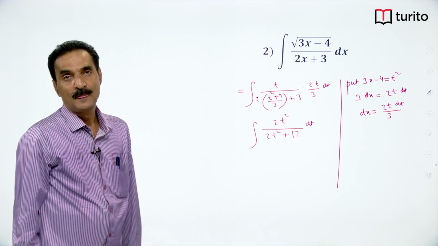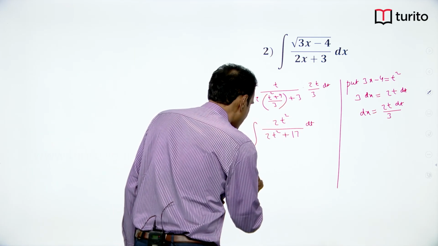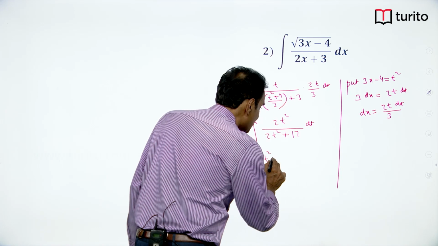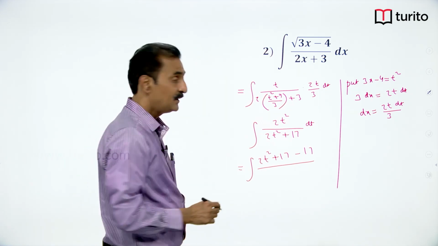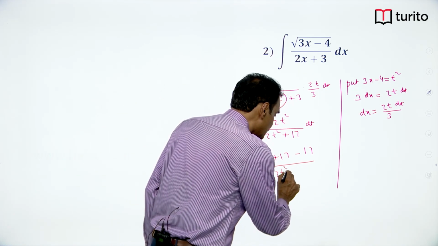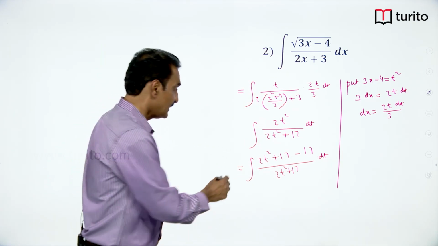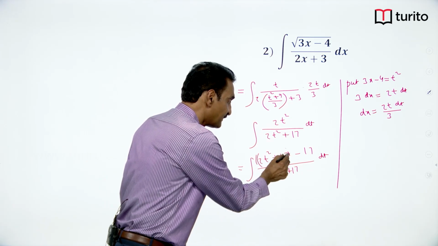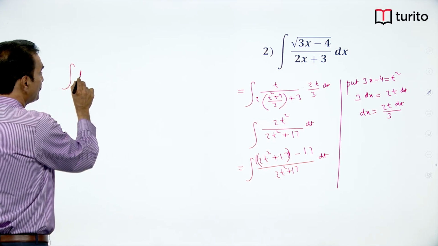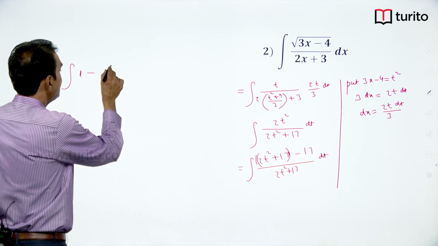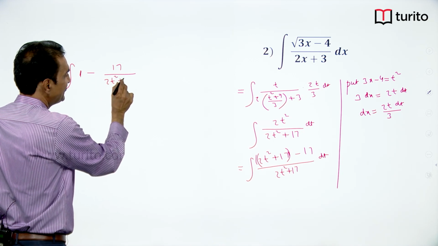How to integrate it now? We write numerator as 2t² + 17 − 17, over 2t² + 17. Now separating the denominator, this by this will be 1 minus 17/(2t²+17).